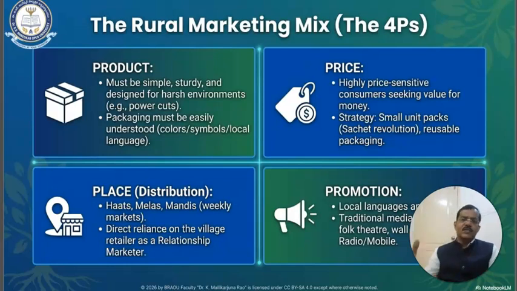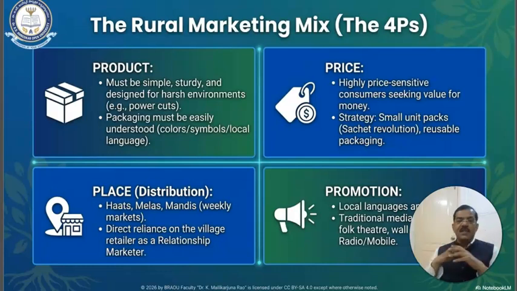Now move to the very important concept of rural marketing, the mix of four P's: product, price, place, and promotion, friends. So here the four P's, the product must be simple, sturdy, and durable for harsh environment like power cuts.